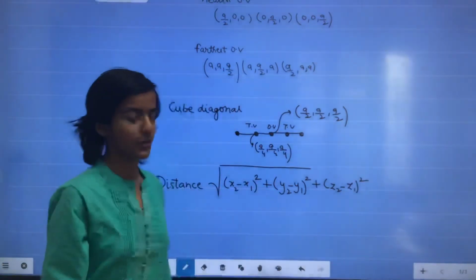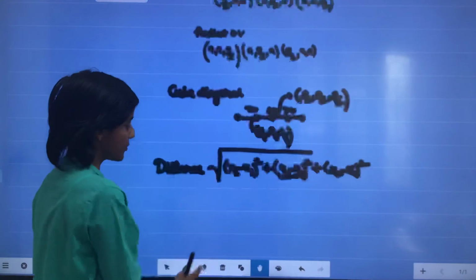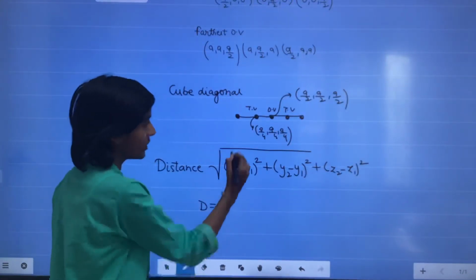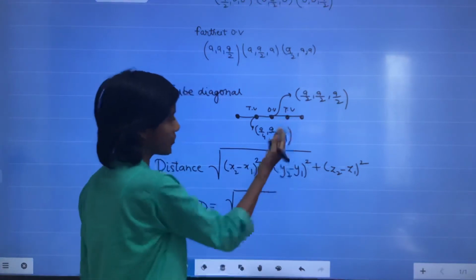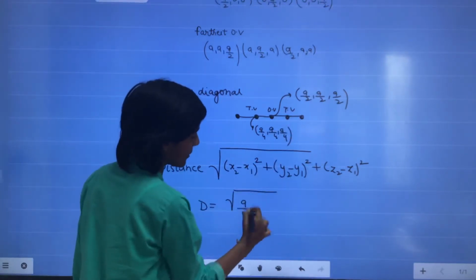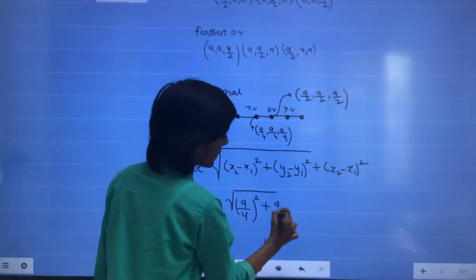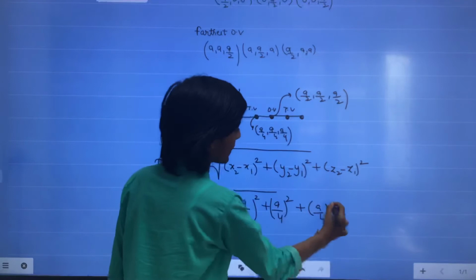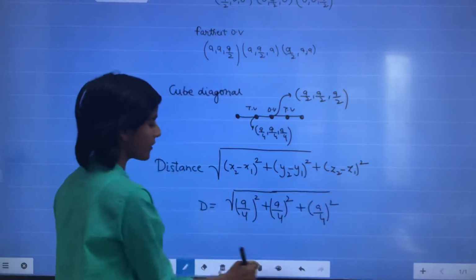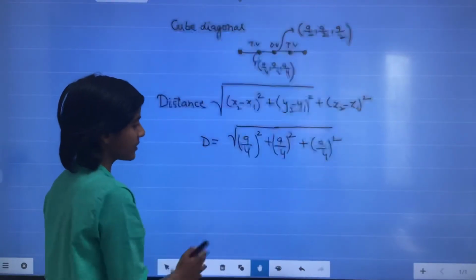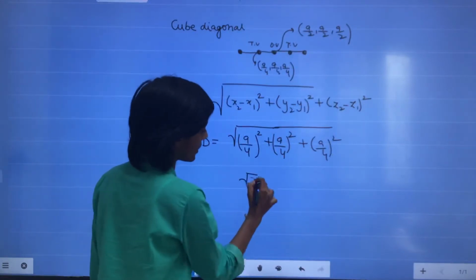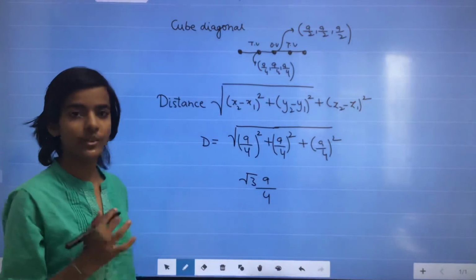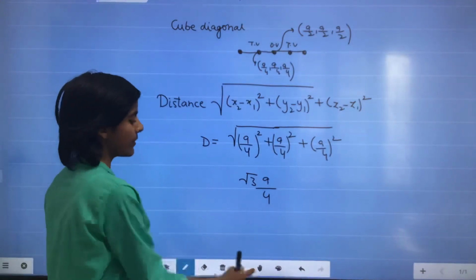So in this, the distance will be x2 minus x1, which is a by 4, squared, plus a by 4 squared, plus a by 4 squared, and the whole under root. So this value is root 3 a by 4. So the minimum distance between the TV and OV is root 3 a by 4.